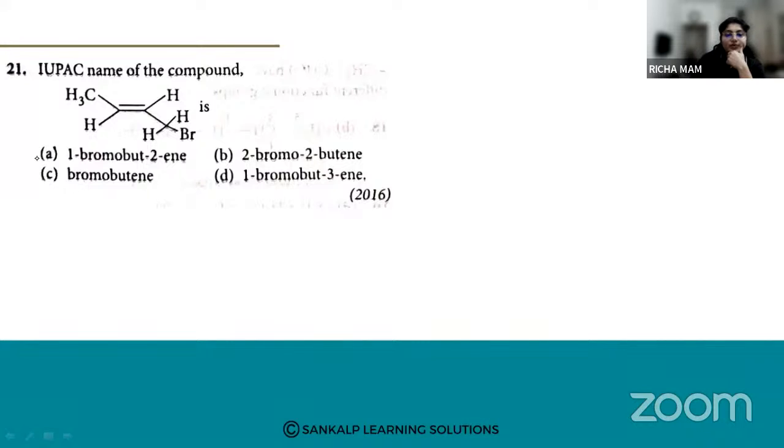If you don't know, so CH3, CH, C, C double bond H, then CH, H and Br, then here it is H. So what is the name of this compound? Can anybody tell me the IUPAC name of this compound? Yes, students, try.